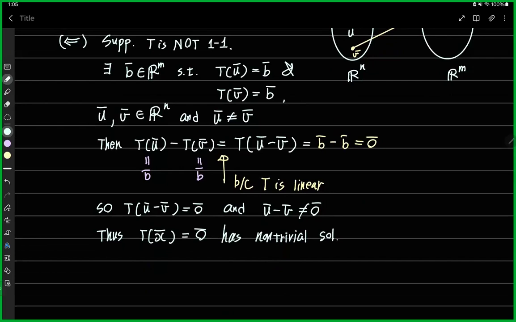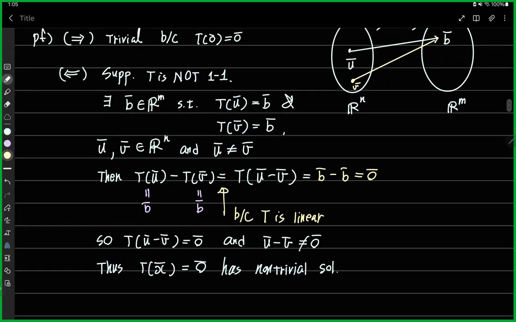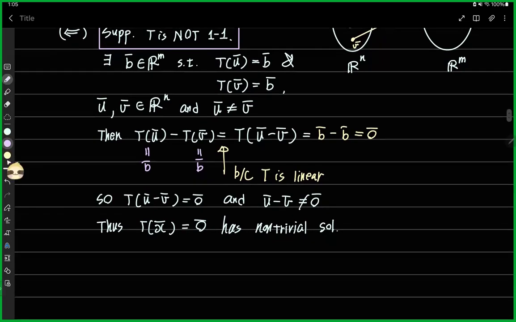Where did we go wrong? Right there, because of that supposition, that T is not 1 to 1, this led to a contradiction. That's the symbol of contradiction.